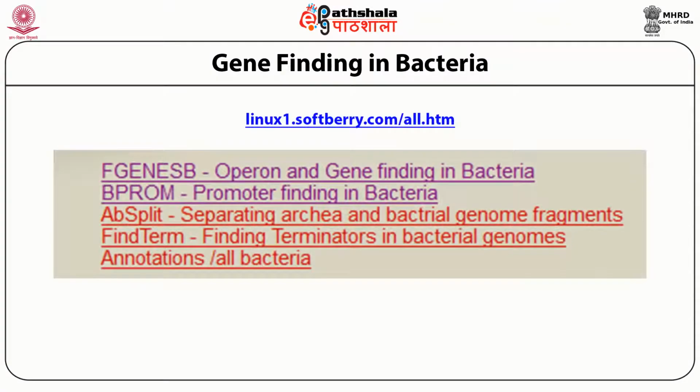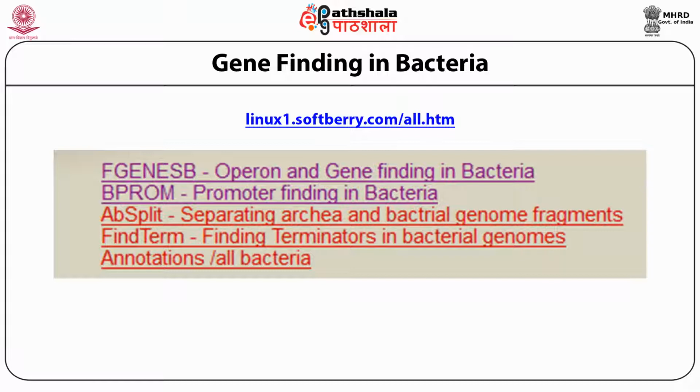Visit the Softberry website as shown in the address, which lists several gene prediction software including gene finding in bacteria using FGENESB, BPROM and other programs. BPROM is a bacterial sigma 70 promoter prediction program with about 80% accuracy and specificity.